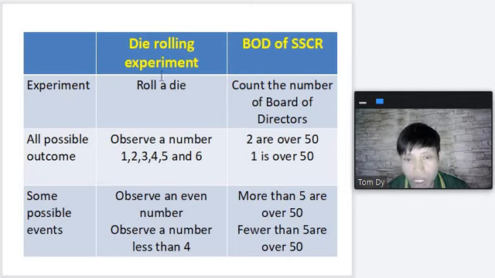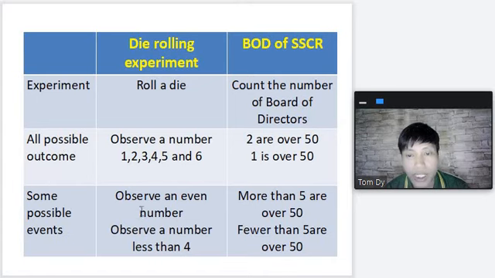Now, when you roll a die, you will observe a number of 1, 2, 3, 4, 5, and 6. So these 1, 2, 3, 4, 5, and 6 are your possible outcomes. And when you count the number of Board of Directors, you will observe, for example, 2 are over 50 years old, or 1 is over 50 years old. So this result is now our possible outcome.